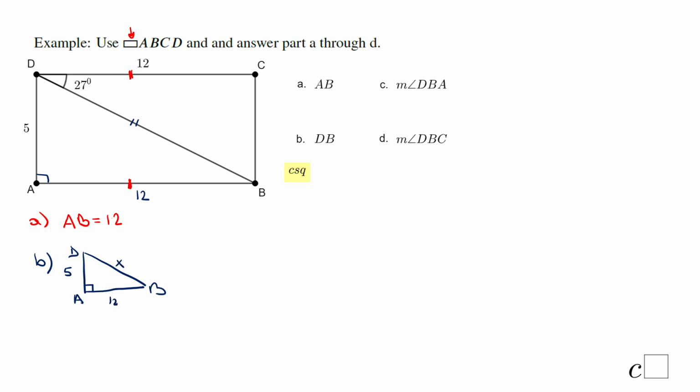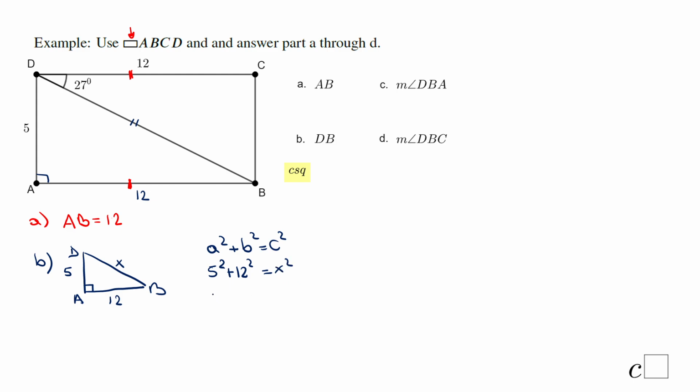If you do not know the Pythagorean triples, then you have to use the Pythagorean theorem, which I'm going to do in a moment. The Pythagorean theorem says a squared plus b squared equals c squared, which means 5 squared plus 12 squared, those a and b are the legs, 5 and 12, equal x squared.